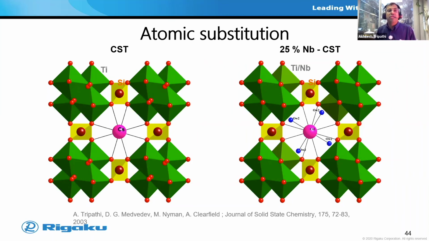But it was found that cesium is stuck much better in a niobium-substituted crystalline silicotitanate. So this project came to us to see why that happens, that once you have niobium substitution into the material, cesium is more stuck and does not come out.